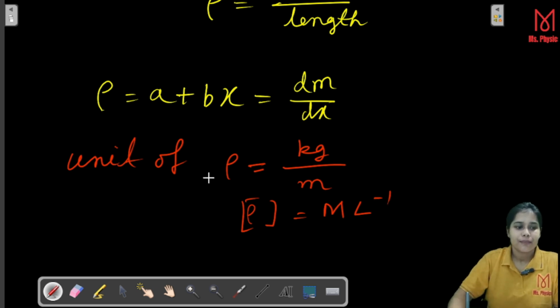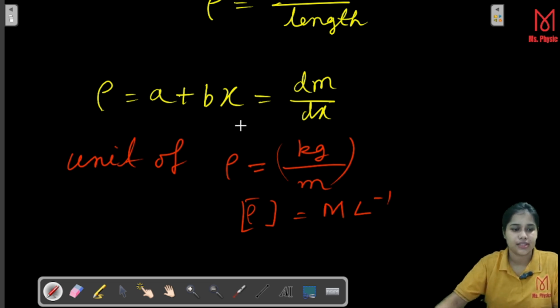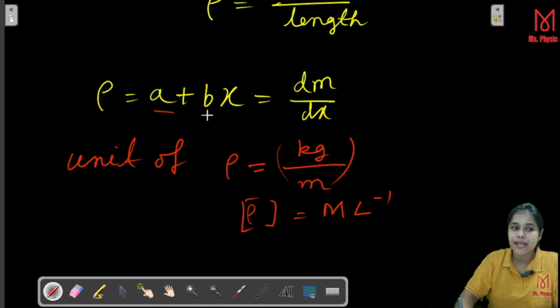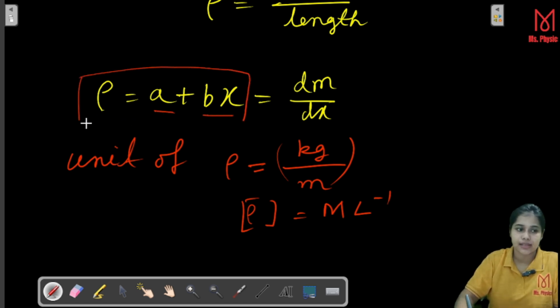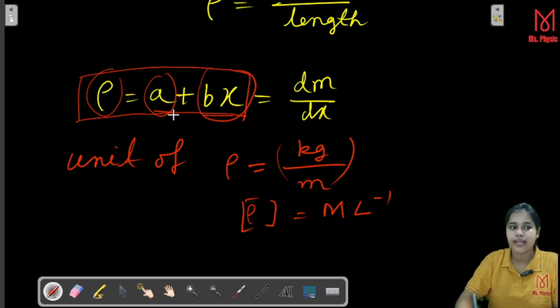But we have to find only the unit, so that's what I am concerned with. Now rho is equal to a plus bx. We can write this expression only if the units of rho, a and bx are the same, otherwise not.